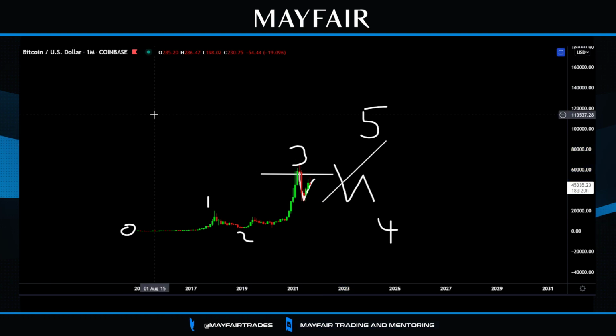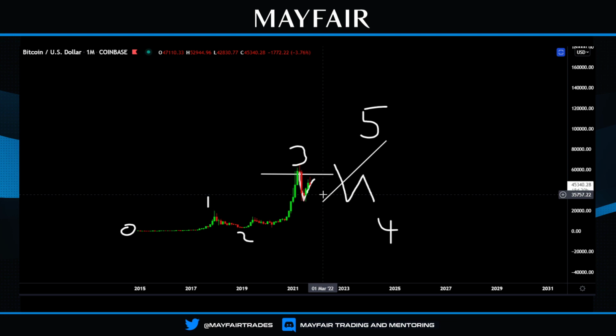In this instance, what we're actually looking at is whether or not we can now confirm one of two things. Is this the weekly or the monthly? That's question one. The second thing is, if this is the monthly, how deep could the actual C leg finish off? Now, again, we are in Bitcoin.